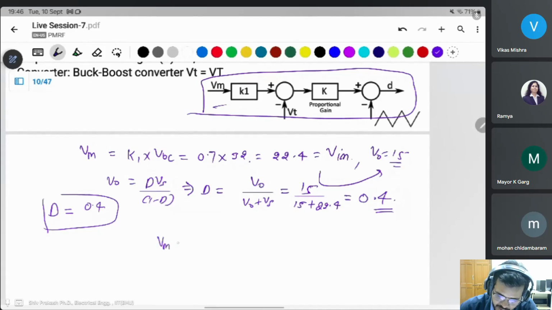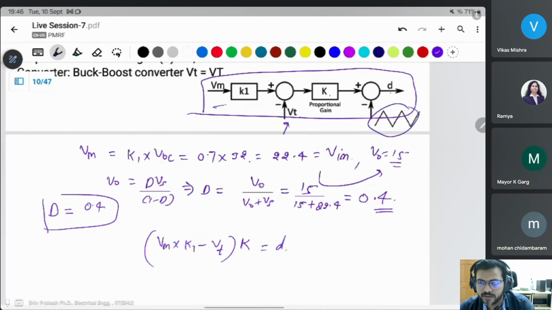From here, you can say this is Vm into K1 minus Vt. You have to calculate this Vt. So Vt into K is equal to duty cycle D. Here is the carrier signal. The carrier signal is not affected in magnitude by the duty cycle.